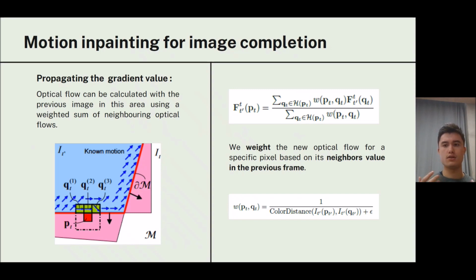And this ensures that for pixels that have a lower color distance, we assume that they correspond to the same object, and we would have an optical flow value that would be approximately the same.